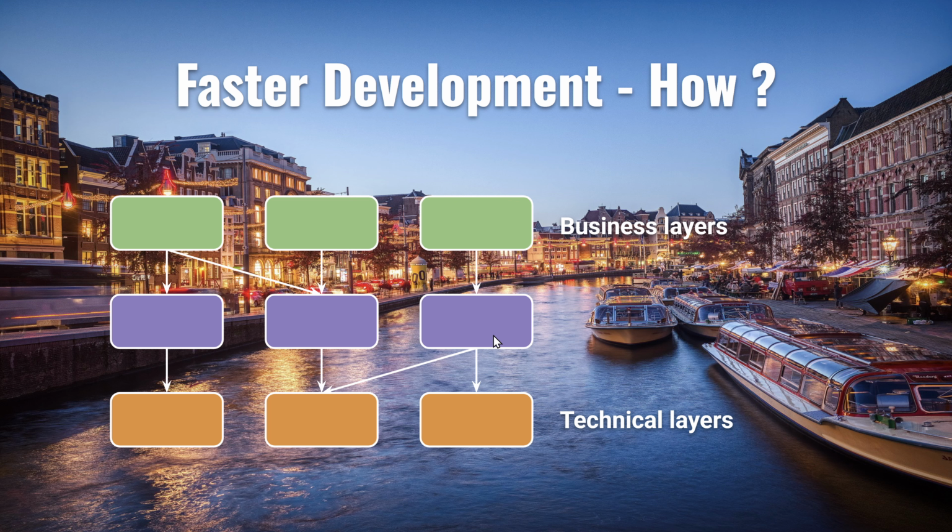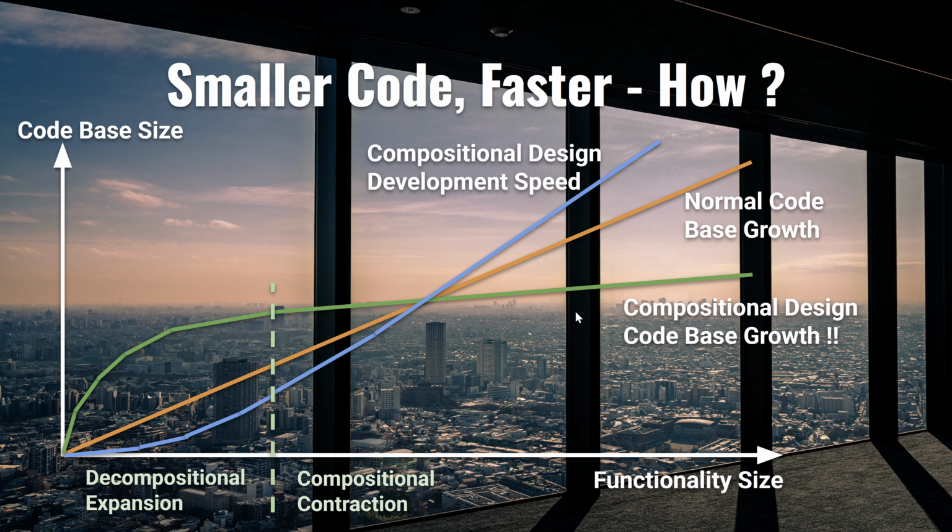This actually ties back into what I was talking about before. In the beginning of your project, you're in the decompositional expansion phase, and you're adding more code to the project than you would if you did not focus so much on composition or composability. During that phase, development speed is also lower than it could have been if you had not focused so much on reusability.